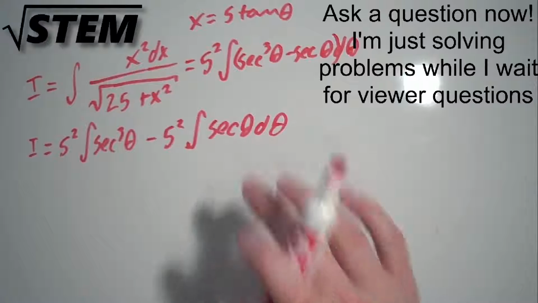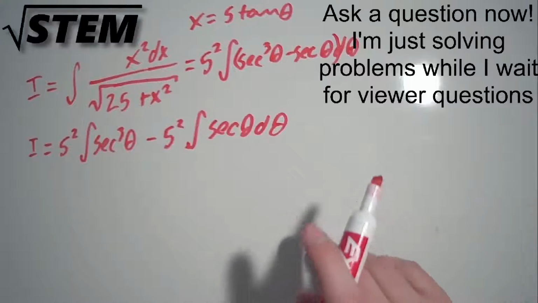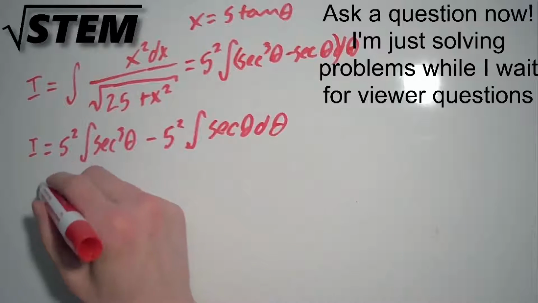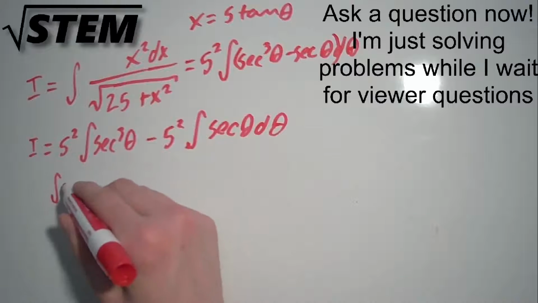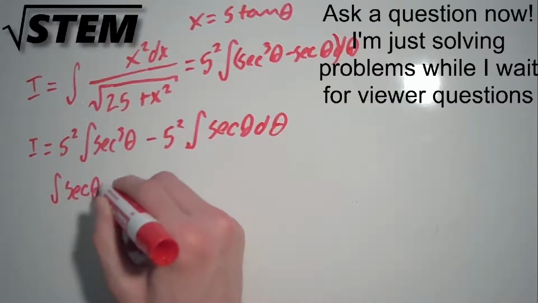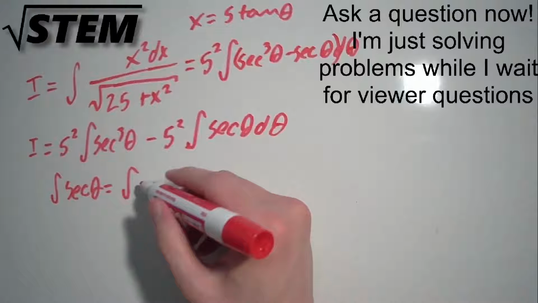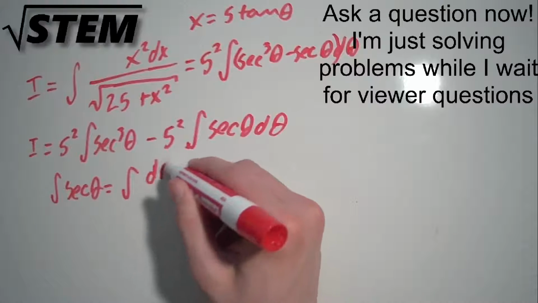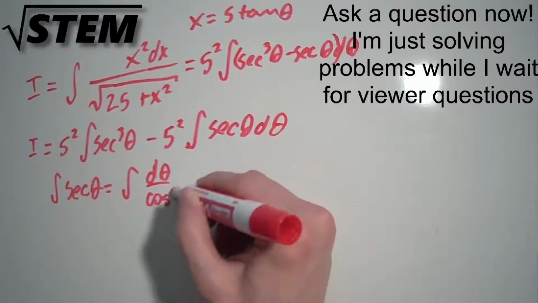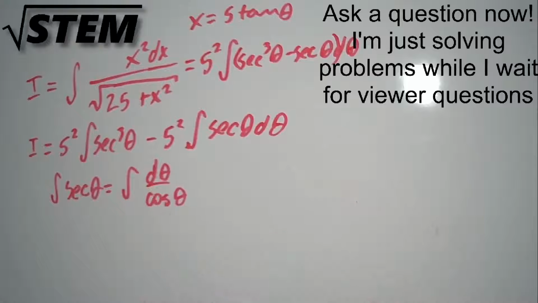Now for secant, let's actually rewrite that. So the integral of secant theta is equal to the integral of d theta over cosine of theta. Oh, maybe I was thinking of doing tangent by hand instead of secant. I know I've done tangent by hand.